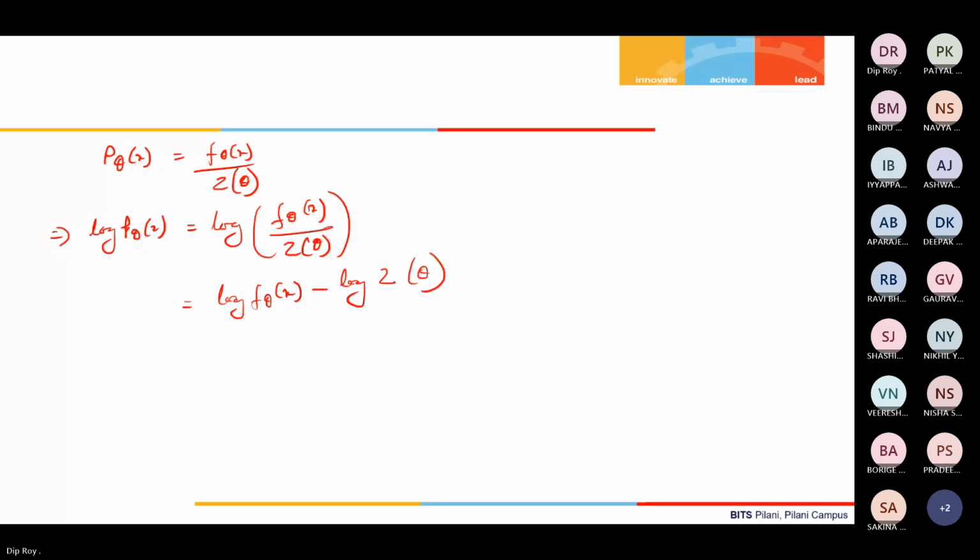Now, what does the left-hand side represent?